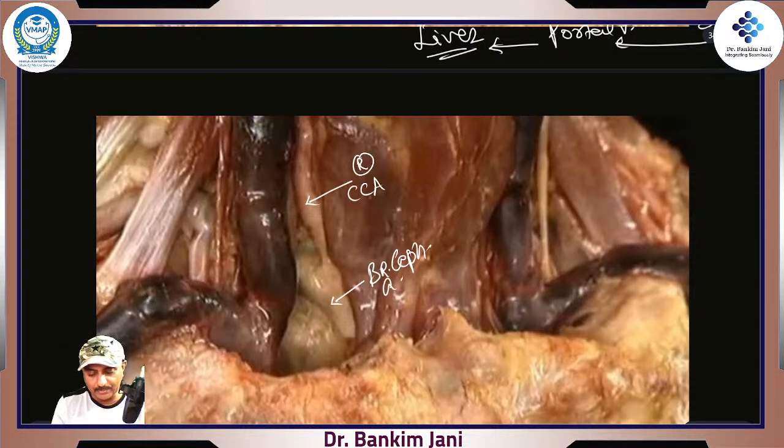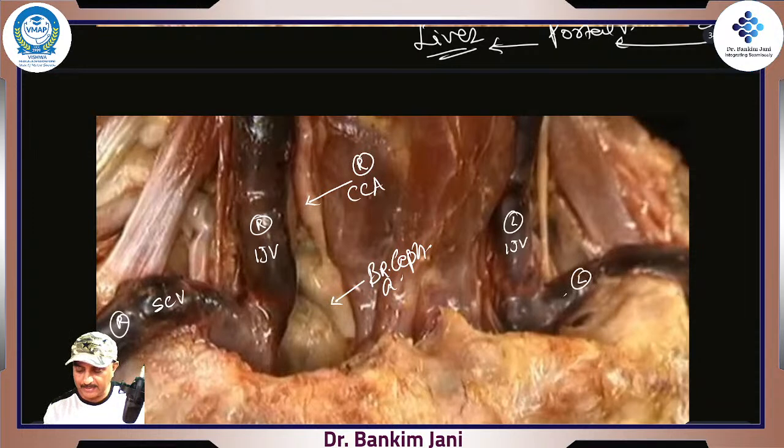And then as it goes, this one, that would be the right subclavian artery. Otherwise, this, do you know, right subclavian vein, and this is internal jugular vein, right side. Similarly on the left side, internal jugular vein and left side subclavian vein, and it forms.